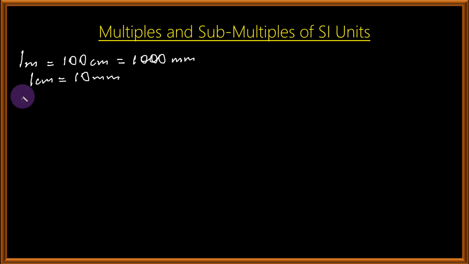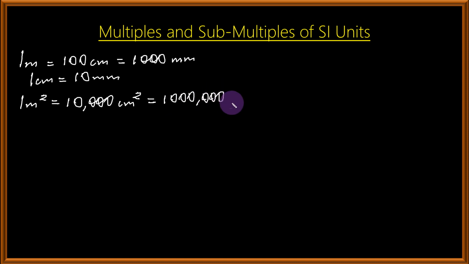When it comes to area, we've been able to show that 1 square meter is equal to 10,000 centimeters squared, and the same 1 square meter is equal to 1 million millimeters squared. And from here, of course, we can use the same technique and show that 1 centimeter squared is equal to 100 millimeters squared.